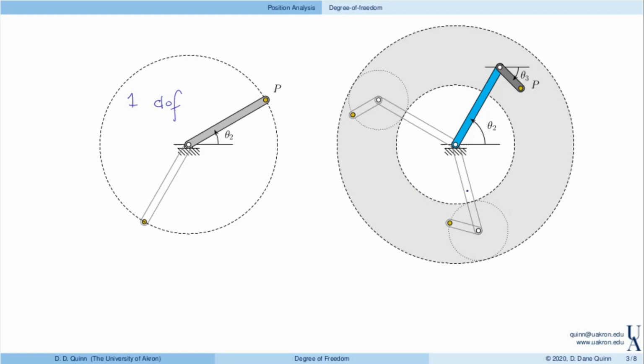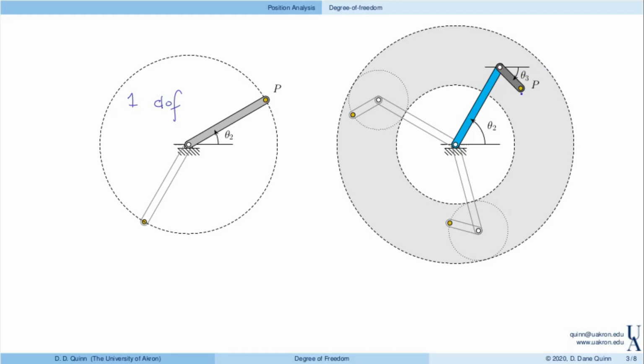So now, if I look at this second picture over here, I've taken a small link and pinned it to the end of the first link. So now I have 2 links, the blue link, which I'll describe with theta 2, and the dark gray link, which I'll describe with the angle theta 3.